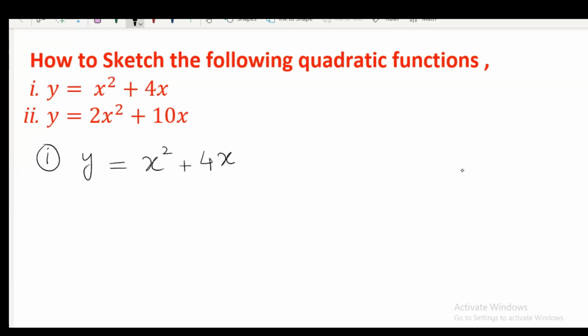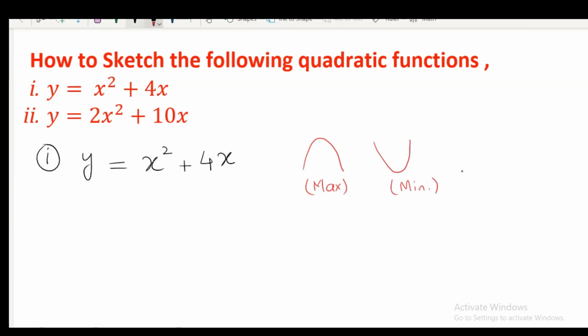Initially, you should know which type of parabola you will sketch. There are two types of parabola for a quadratic function: one for a maximum value function and one for a minimum value function.